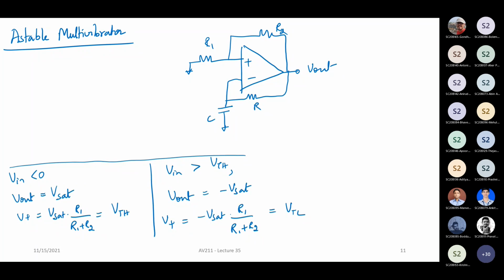In analog design, people love resistors and capacitors and op-amps. Everything pretty much revolves around some R, some C, and some voltage source, current source, op-amp, transistor. That's it. So analog design is very simple. You work with a very limited number of elements.